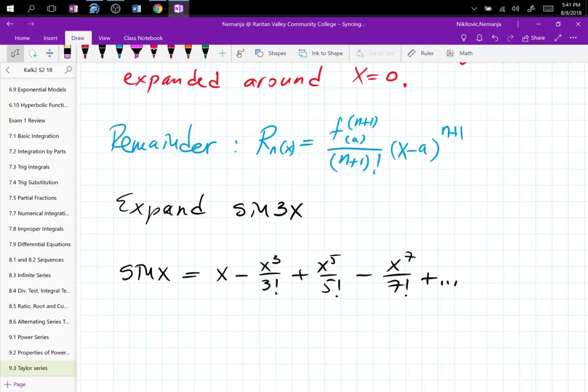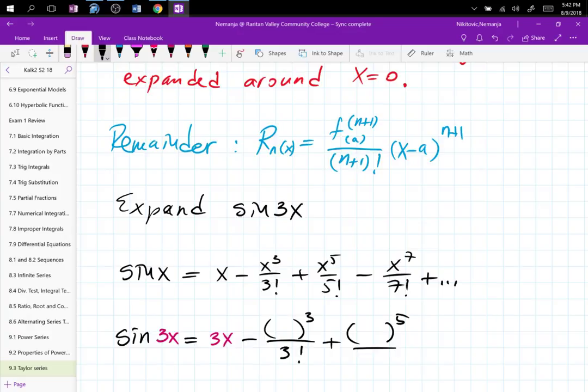And then in the next step, you know, because you studied the properties of power series, that you can replace x with 3x. And as soon as you do that, your x is now 3x minus 3x cubed over 3 factorial plus 3x to the 5th over 5 factorial minus 3x to the 7th over 7 factorial plus dot dot dot going forever.